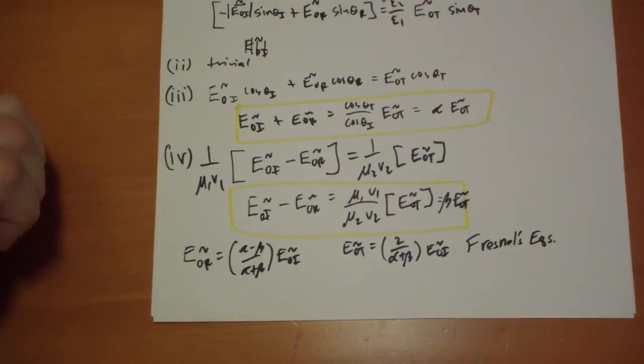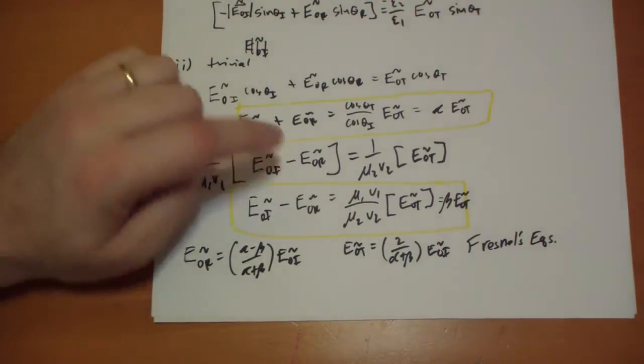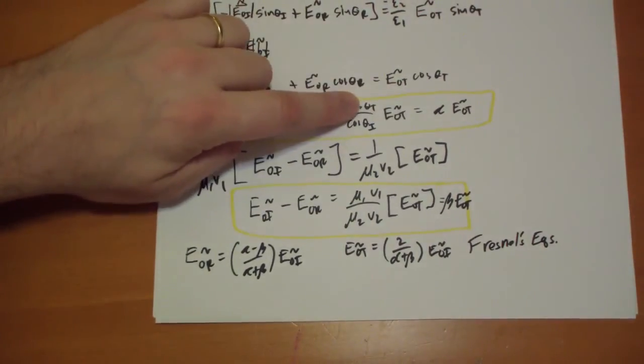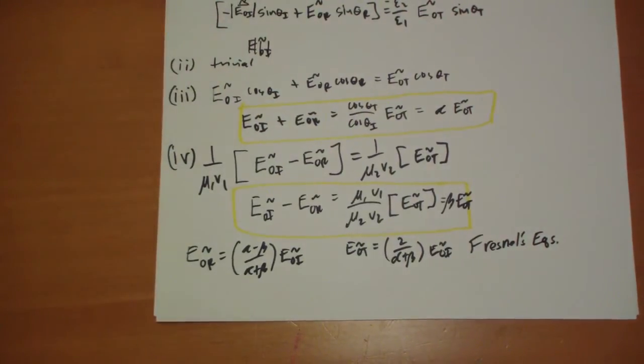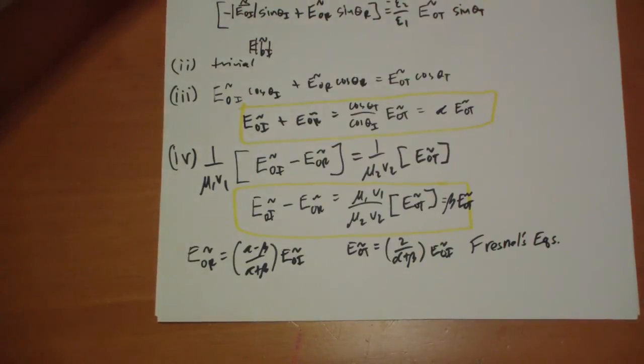Interesting to note, where'd alpha go? Alpha's up here. Well, theta T can be rewritten in terms of theta I because of the relation we calculated earlier. Here we go.